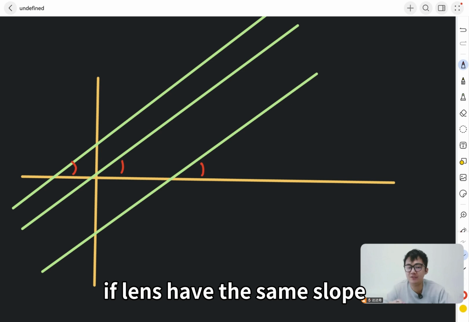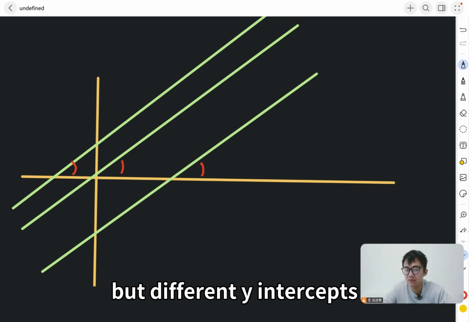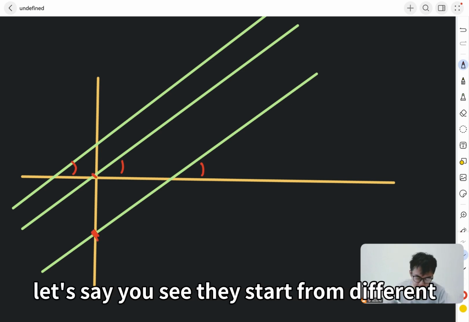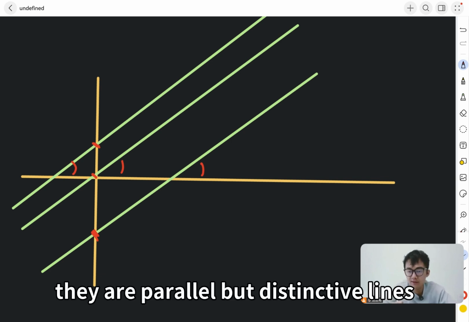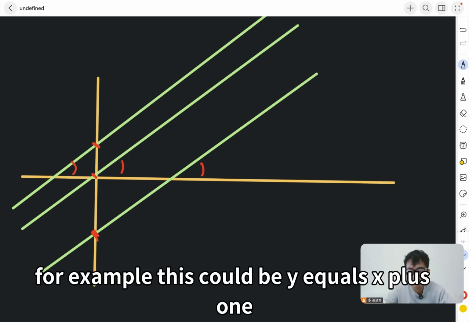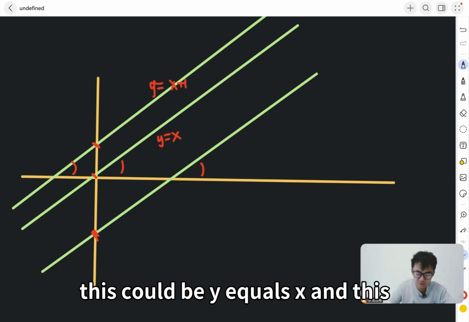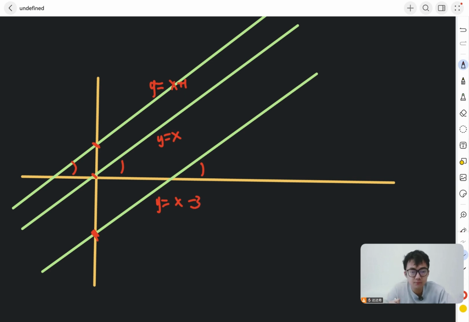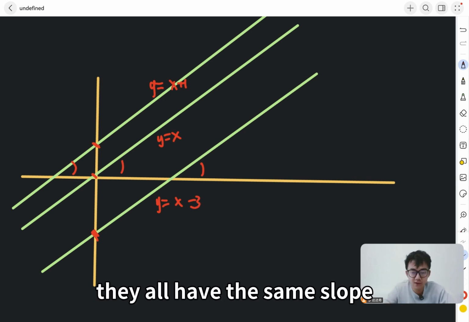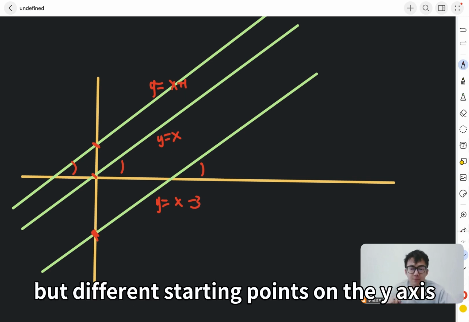If lines have the same slope but different y-intercepts, meaning they start from different points on the y-axis, they are parallel but distinct lines. For example, this could be y equals x plus 1, this could be y equals x, and this could be y equals x minus 3. They all have the same slope, but different starting points on the y-axis.